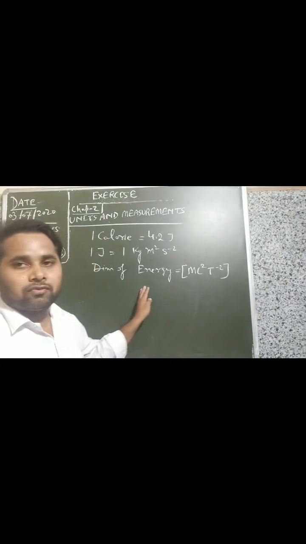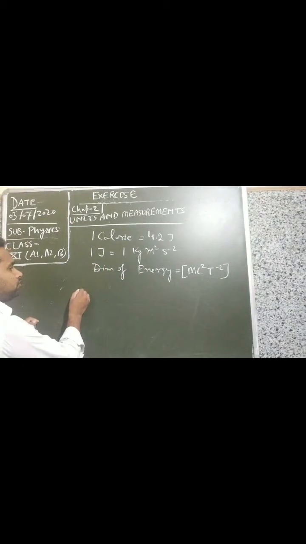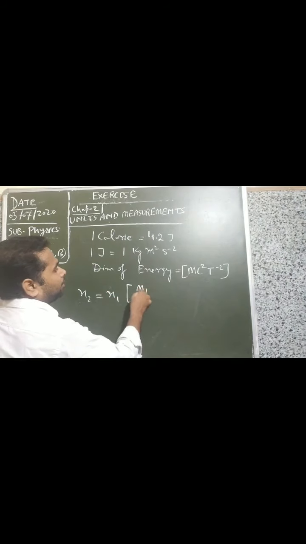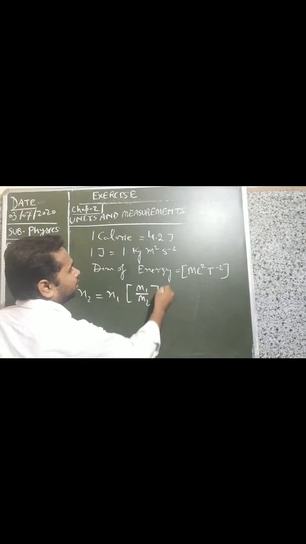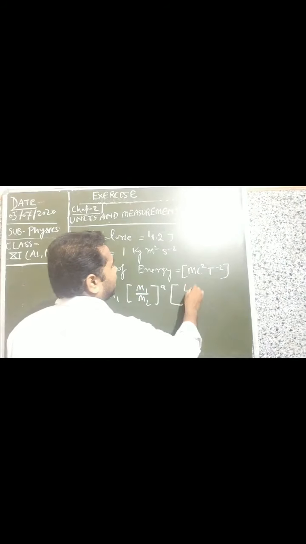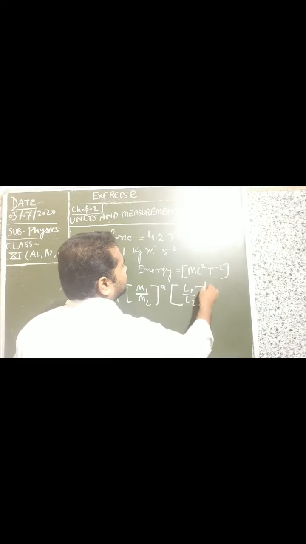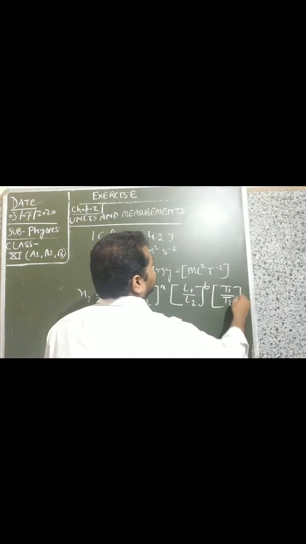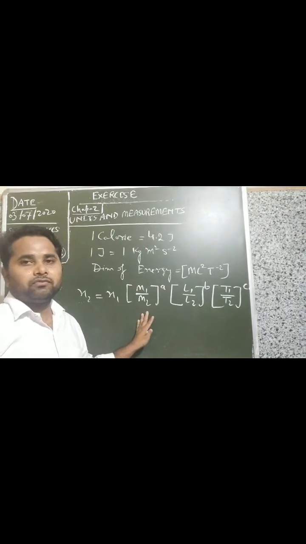So you know the formula for conversion. The formula is n2 equals n1 (M1 upon M2) to the power a, (L1 upon L2) to the power b, and (T1 upon T2) to the power c. This is the formula which we have to use here.